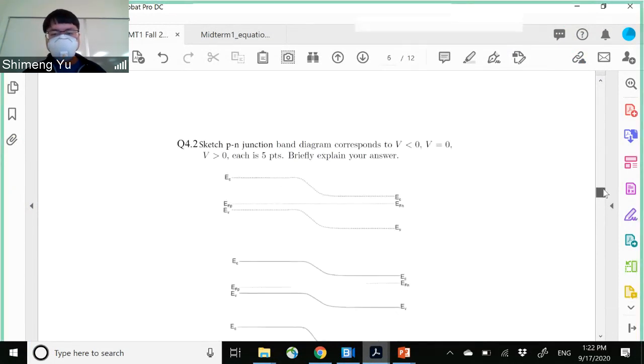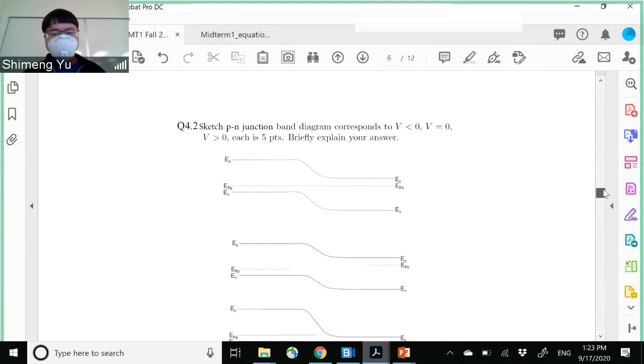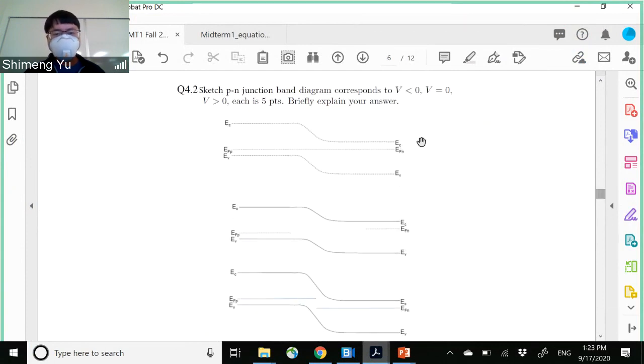And the second one is the p-n junction band diagram. We have 3 band diagrams, and which corresponds to which? That means the voltage is smaller, larger, or equal to 0.